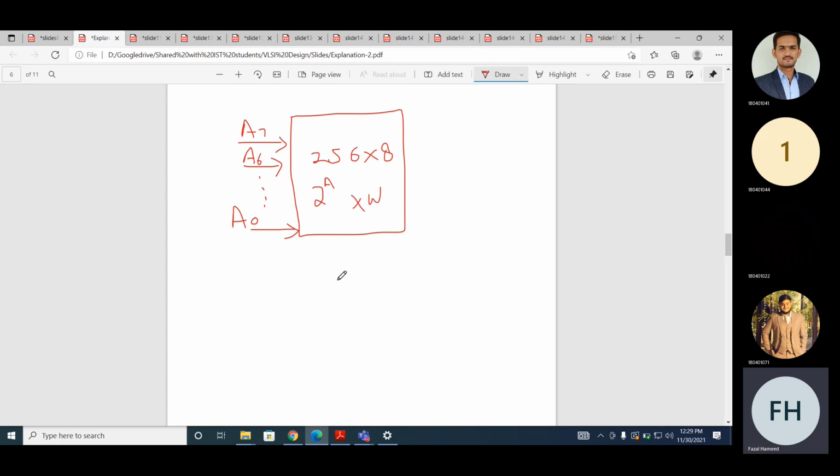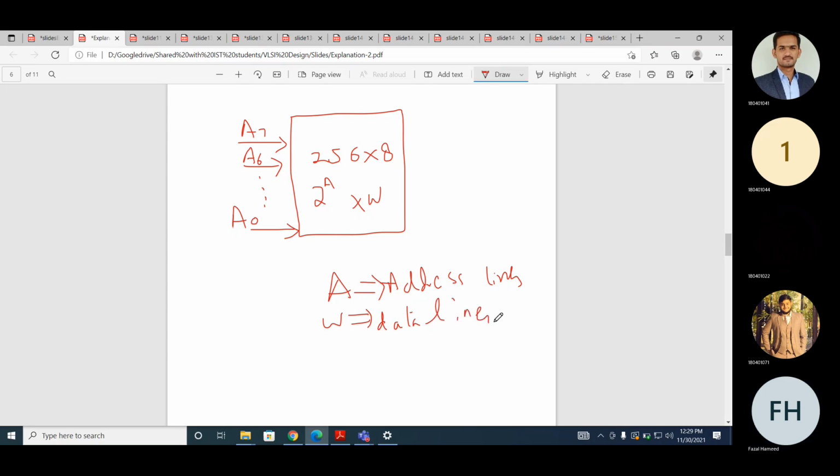What is A? Address lines, if you remember. What is W? Data lines. And what is W in this example? 8. So actually the output is D7 to D0.